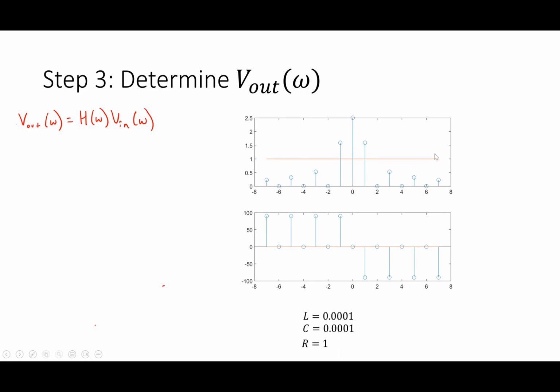What would V out of t look like? It would look like the input, because you're passing all of the frequencies. That's the idea.